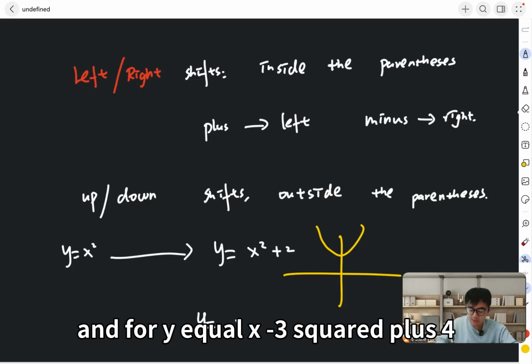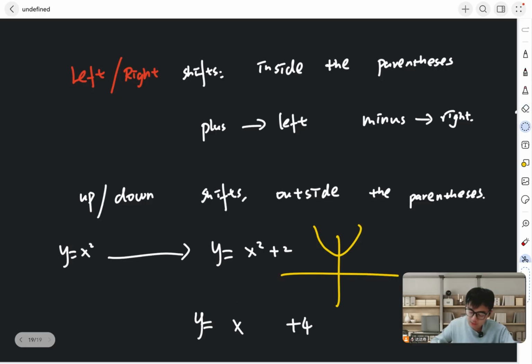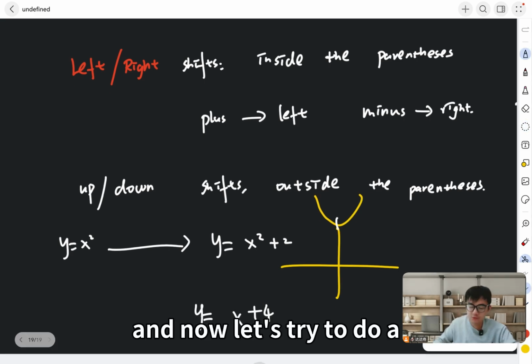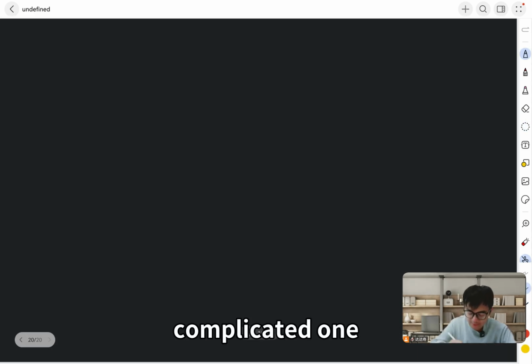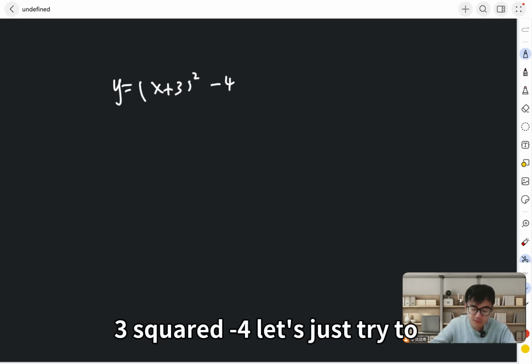And for y equal x minus 3 squared plus 4, let's just do a simple one, plus 4, it means to move it 4 units upward from the origin. And now let's try to do a complicated one. y equal x plus 3 squared minus 4.